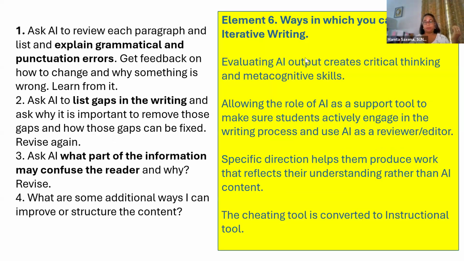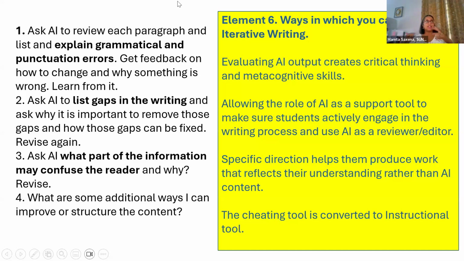Then I give them specific prompts. Every assignment has specific prompts for how they would be using AI. So once they have used AI, I'm telling them, okay, these are the specific prompts you can use. For example, explain grammatical and punctuation errors, list gaps in the writing, what part of the information may confuse the reader and why, what are some additional ways I can improve the structure of the content?